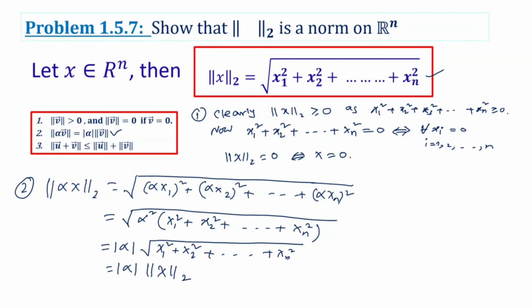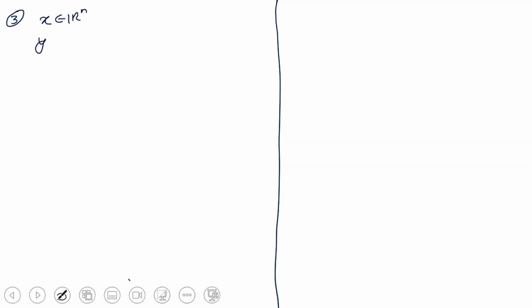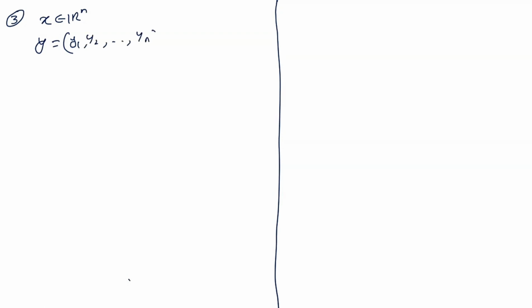Now the third one is the triangle inequality. To verify the third property, let x belong to Rn with the components x1, x2, xn, and let y equal y1, y2, yn belong to Rn.